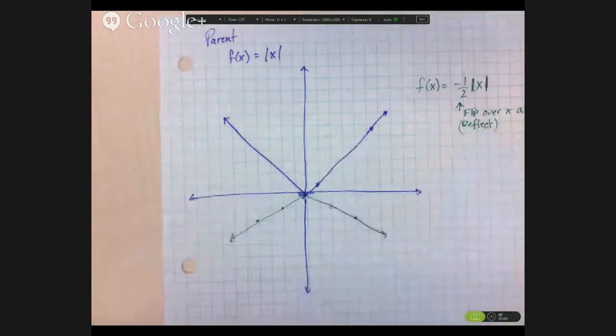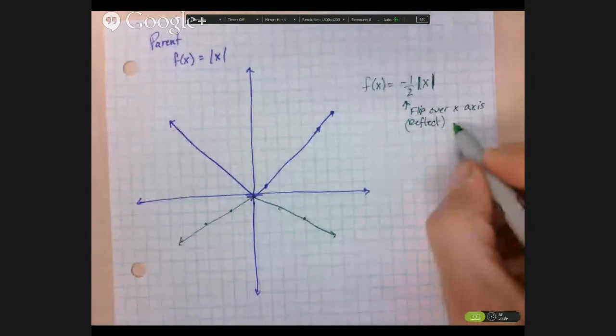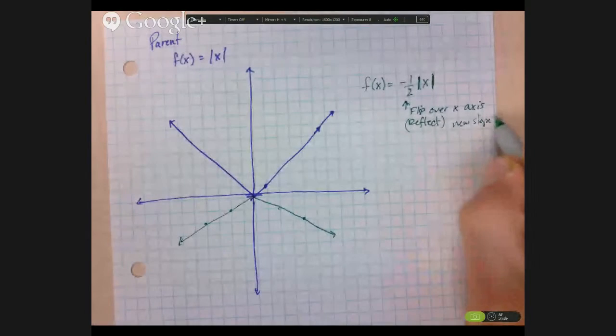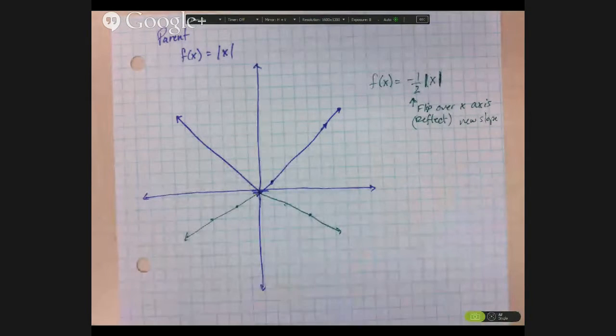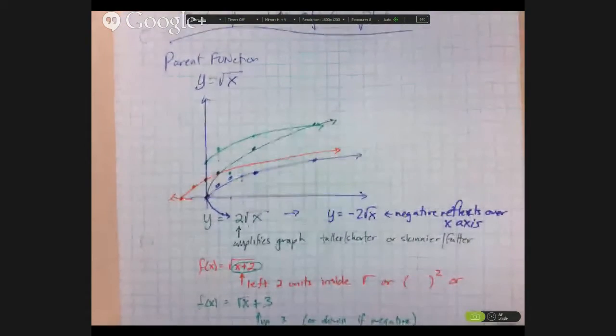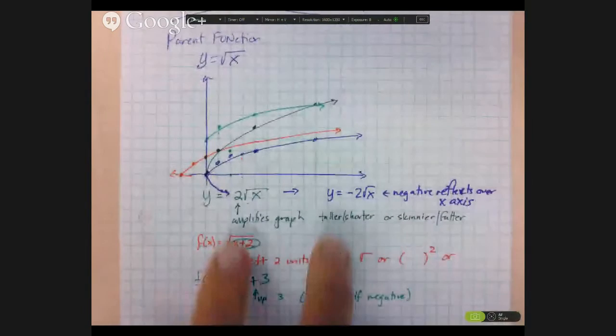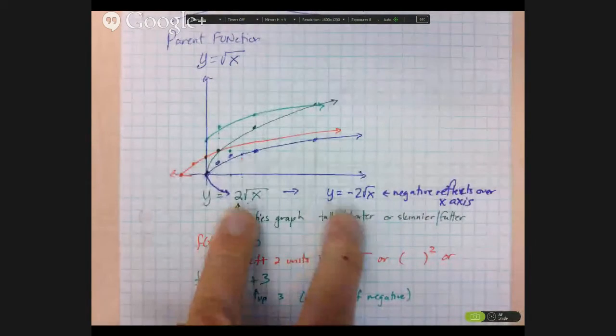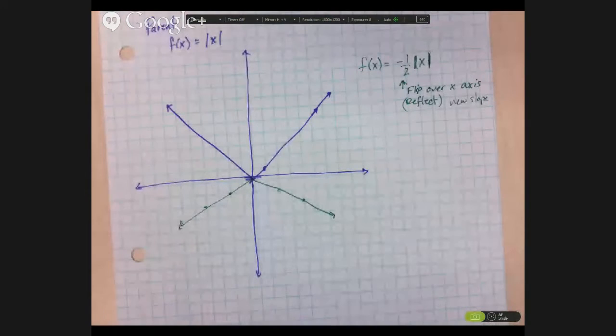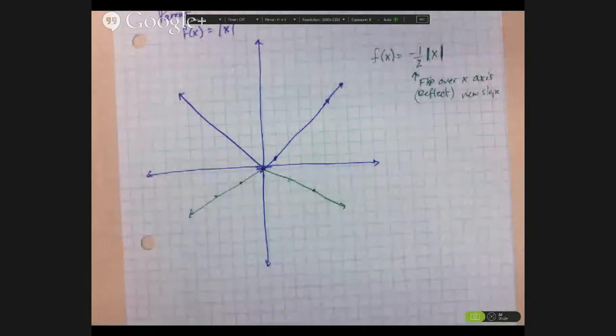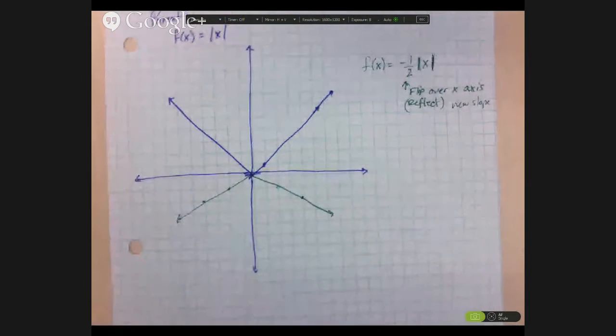So we're going to reflect it over the x-axis, and we have a new slope. Okay. So again, as with the first one, the 2 or the -2 changed it with this. It's steeper, or you flip it upside down.